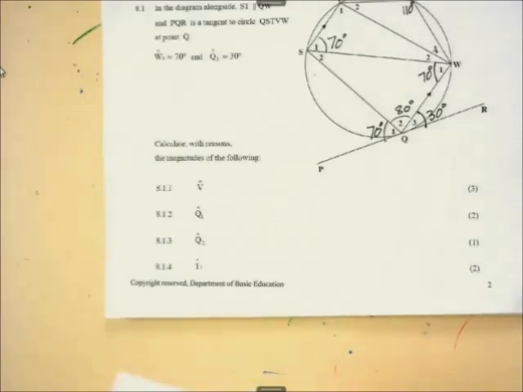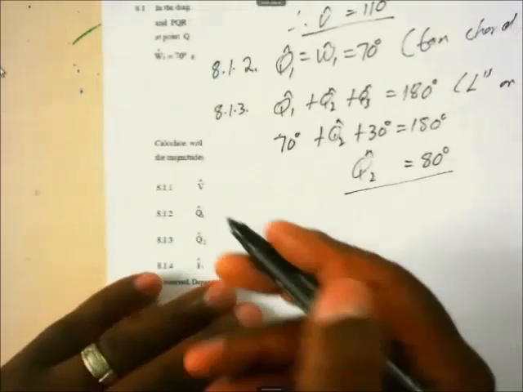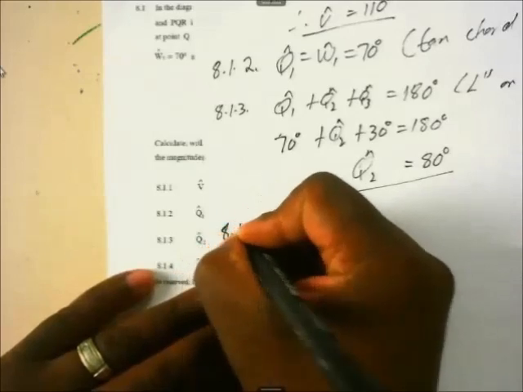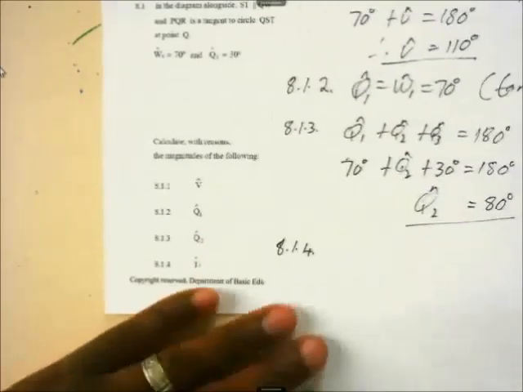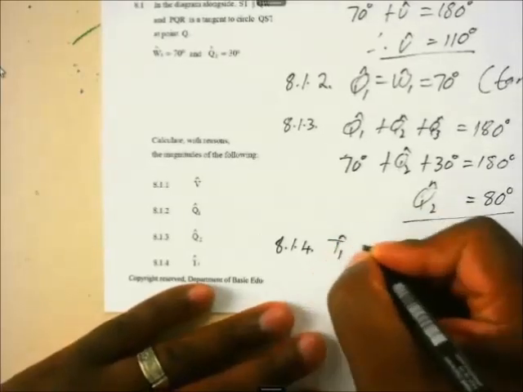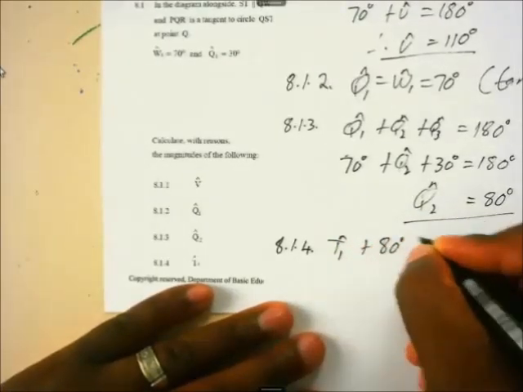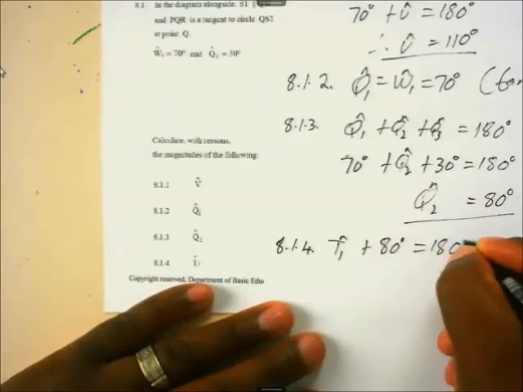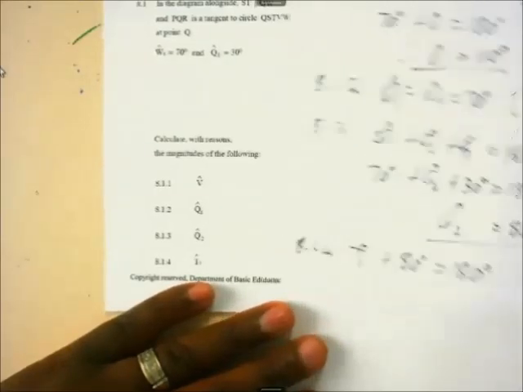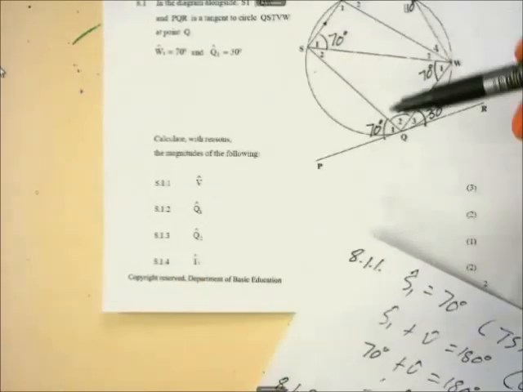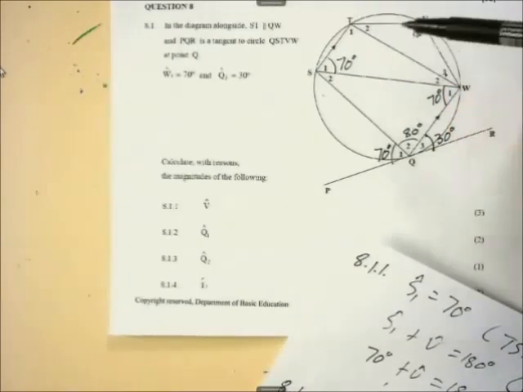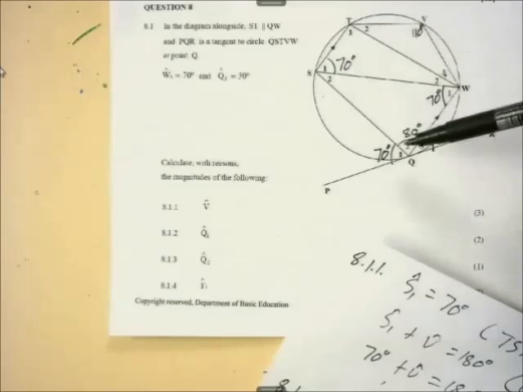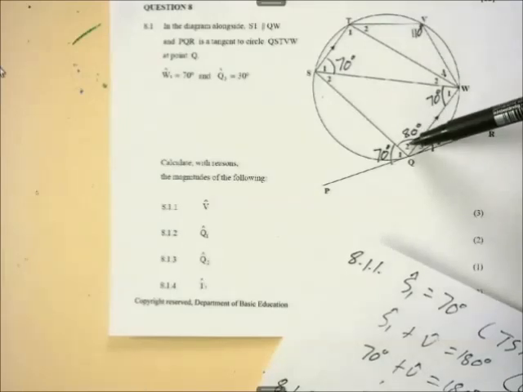Let's solve 8.1.4. We said angle T1 plus 80 degrees give us 180 degrees. T1 plus this 80 of Q2 give us 180 degrees.